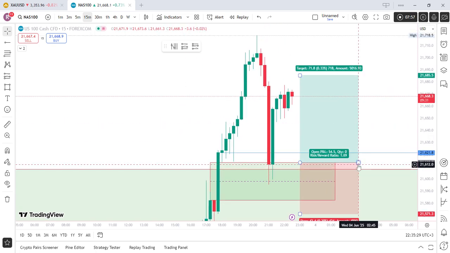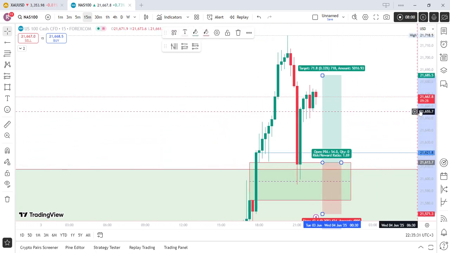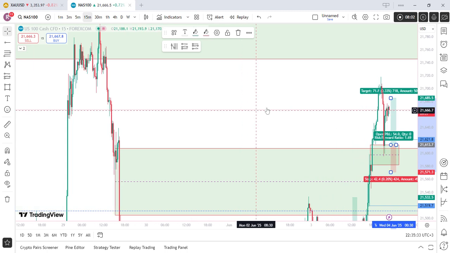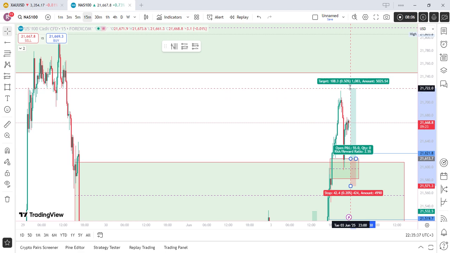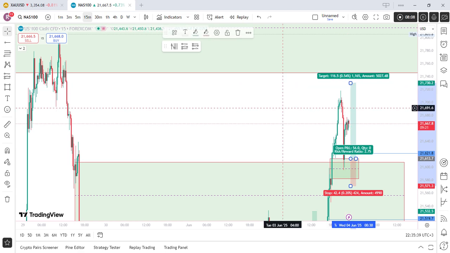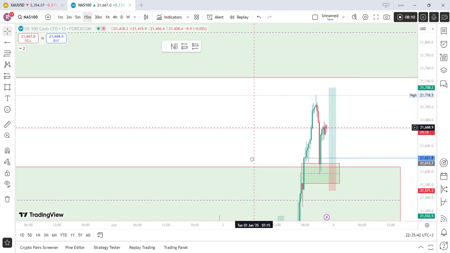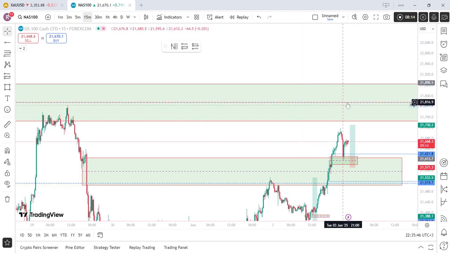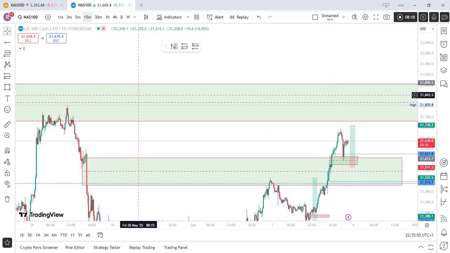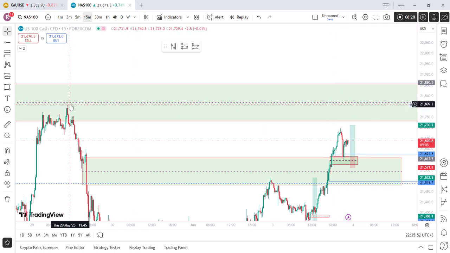Then you target. What are we targeting? That's where we have to see what we have. For example, we have this gap here. Let's say we are targeting that one there. That's 1 to 2.7 R. Or you can target this daily bearish fair value gap here, or just target this liquidity resting up here.